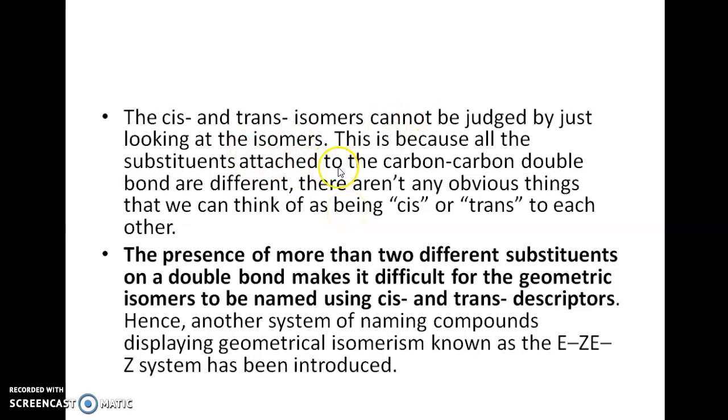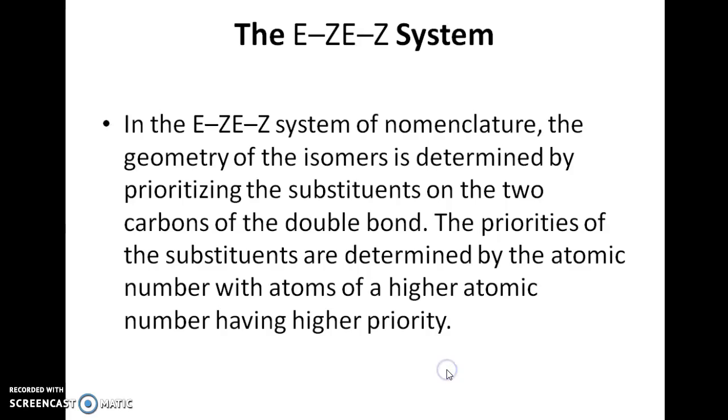This is because the substituents attached to the carbon-carbon double bond are different. So the presence of more than two different substituents on a double bond makes it difficult to name the geometric isomers using cis and trans descriptors. So another way of displaying geometrical isomerism is the EZ system.